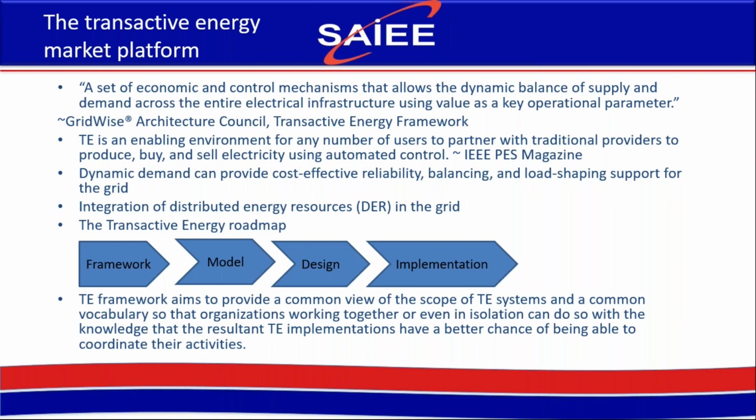So this transactive energy will create an enabling environment for a number of users to partner with traditional providers to produce, buy and sell electricity using automated controls. Dynamic demand can provide cost-effective reliability, balancing, and load shaping support for the grid.